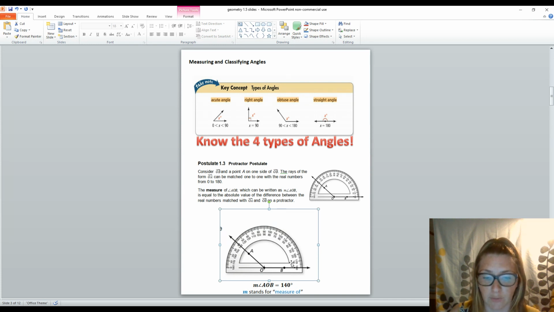Remember, 0 was where B was, going all the way to A, and it falls at 140. So I know that this entire angle AOB is 140 degrees. And how to write that is m angle AOB equals 140 degrees. So we can read that as the measure of angle AOB is 140 degrees. We're going to look a little more at our protractor.